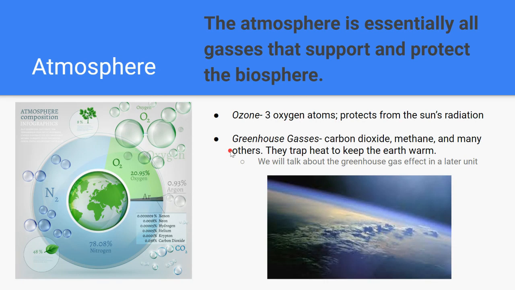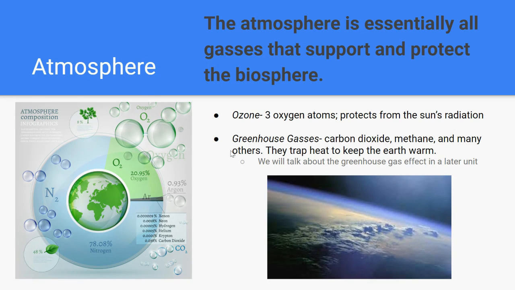Greenhouse gases are essentially gases that exist in the atmosphere that trap heat and keep Earth warm. Now, some greenhouse gases is good. We like some greenhouse gases, but too many of them and the Earth starts to heat up beyond where it is supposed to be.